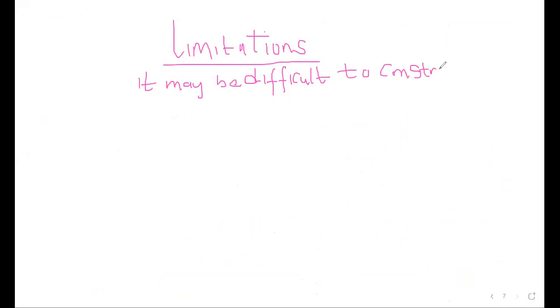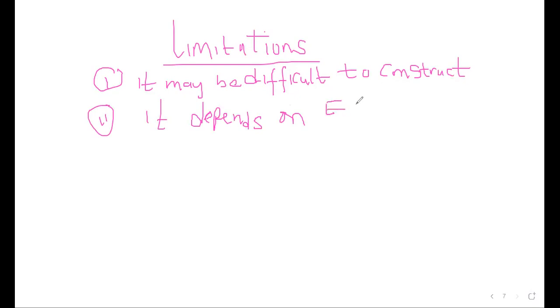Then the second limitation is that it depends on project activities. Okay, so it depends on expected project time, expected project duration.